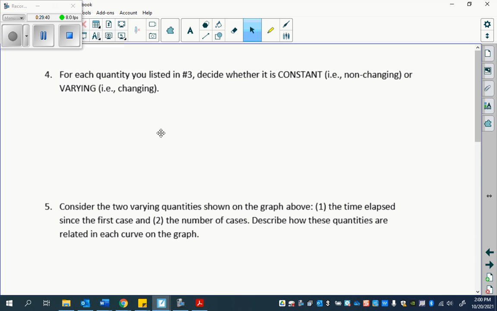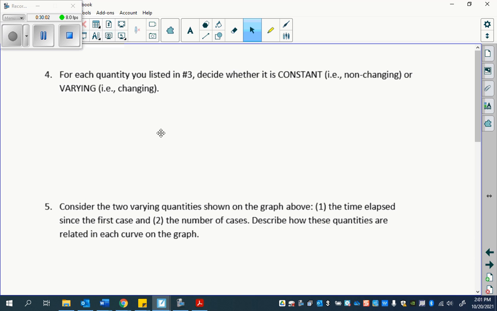So that's going to be a constant value. When we talk about time, that is a changing variable along that x-axis. And then along our y-axis, what we're measuring, that output, is how many cases we are looking at.